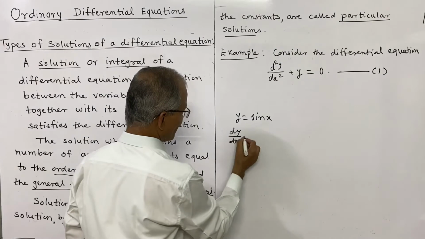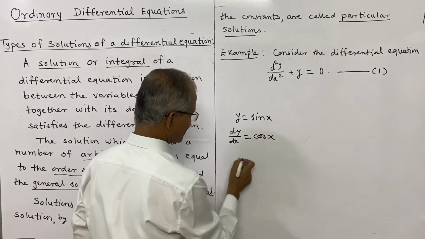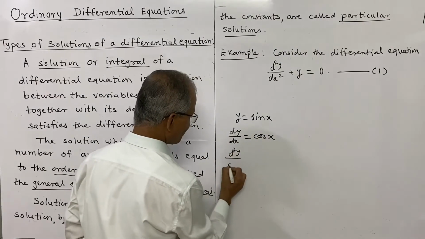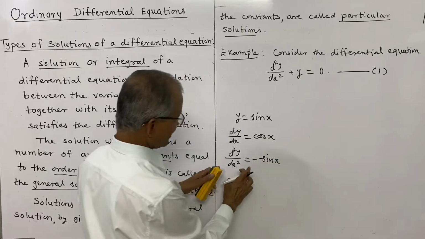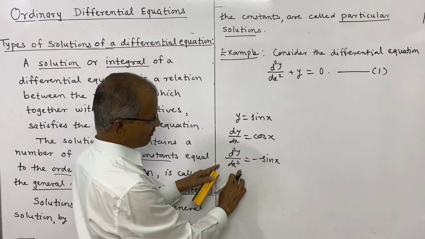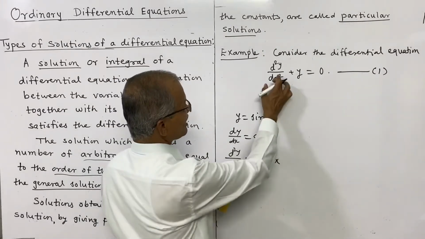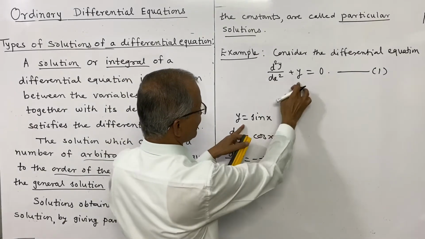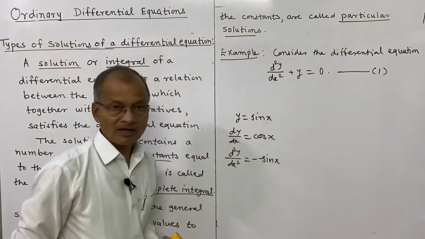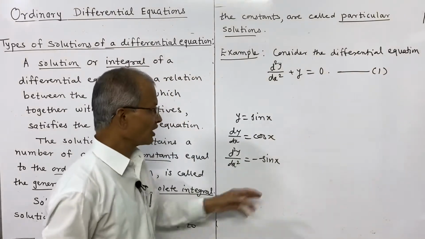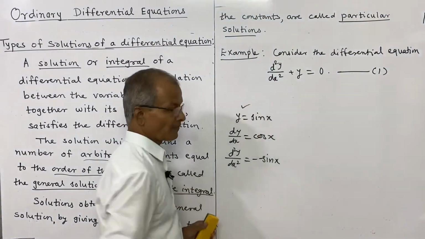It is cos x, the derivative of sine is cos. And what is the second derivative? The derivative of cos x is minus sine x. Now if you put d square y by dx square as minus sine x and y as sine x, minus sine x plus sine x becomes 0. So therefore this is a solution.